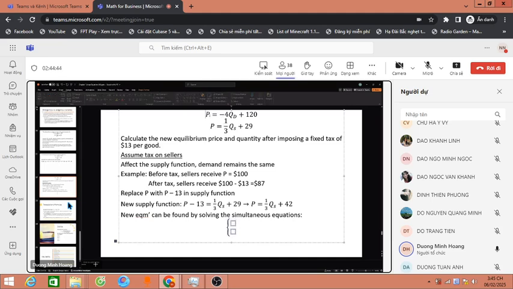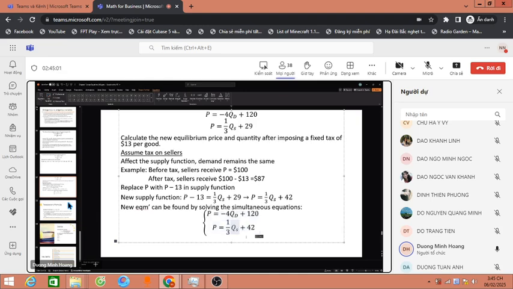What is that system? We said demand remains the same, so we just copy it over here. Then supply changes. What is our new supply function? We already found it over here.